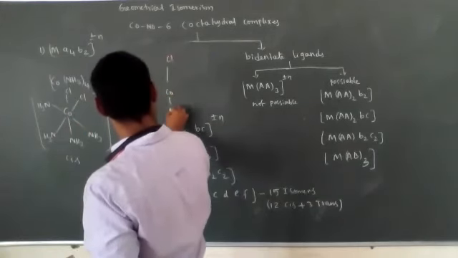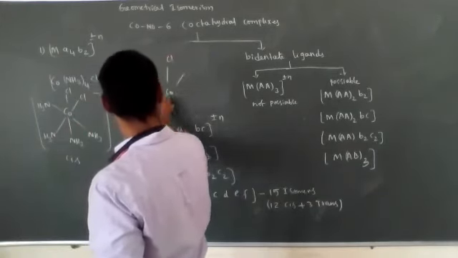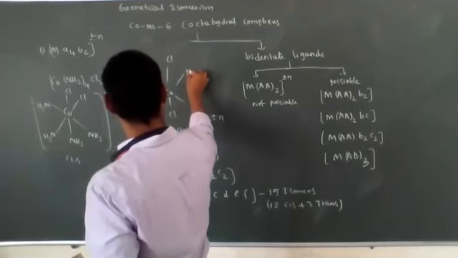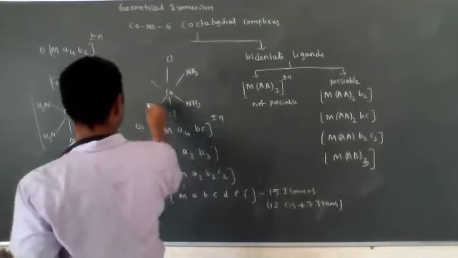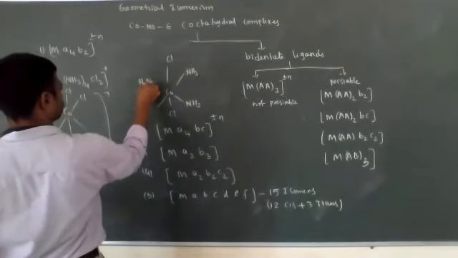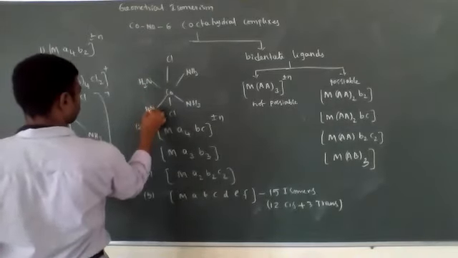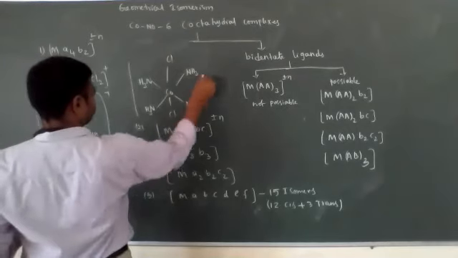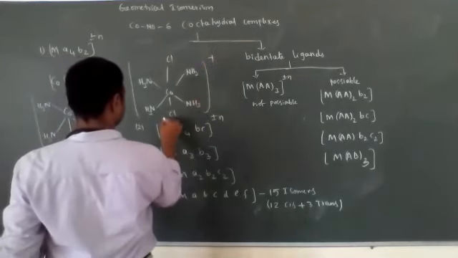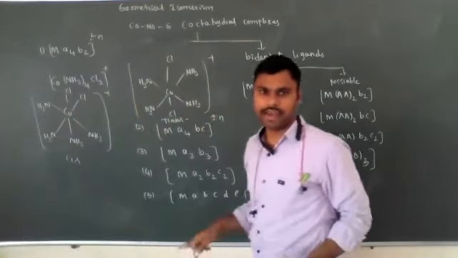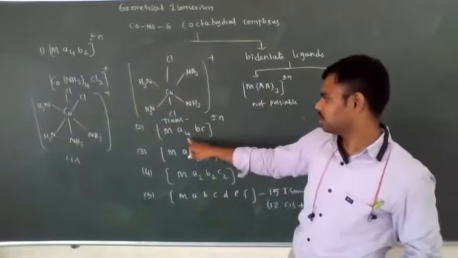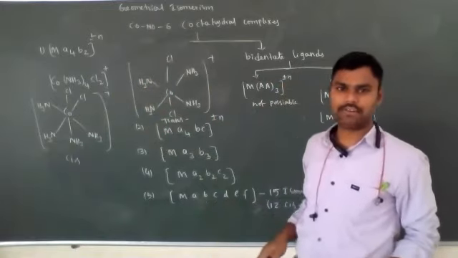The 2 chlorine atoms are opposite, and automatically the NH3 ligands become opposite in direction. It is the trans form. So for the MA4B2 model, I gave one small example.